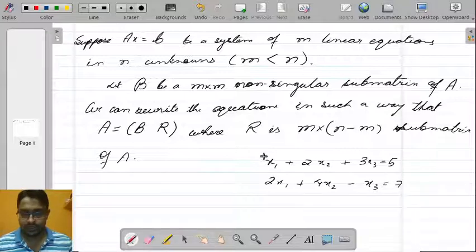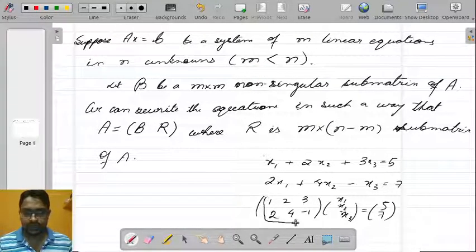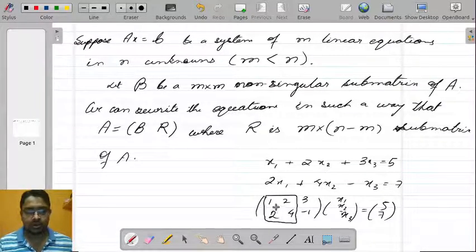If I write it as the matrix [1 2 3; 2 4 -1] times (x1, x2, x3) equal to (5, 7), then the 2 by 2 submatrix formed with the first two columns is singular. Its determinant is 0, so this does not correspond to a basic solution.